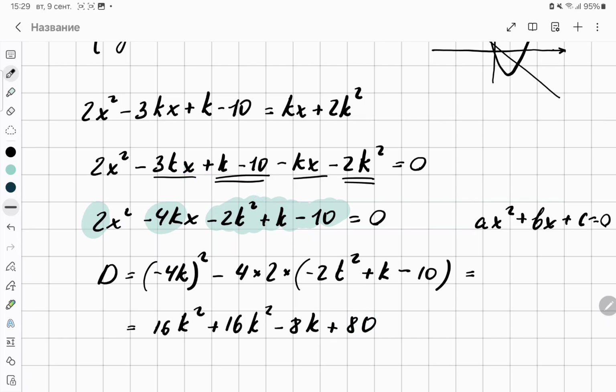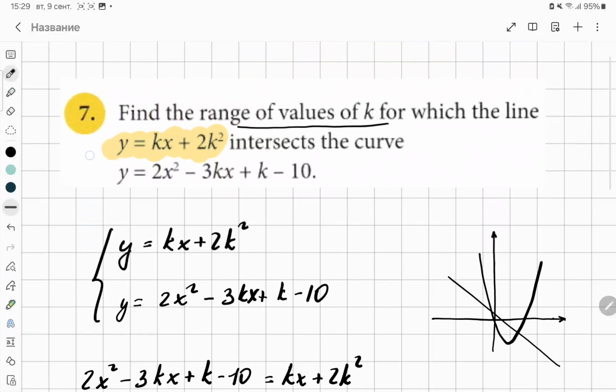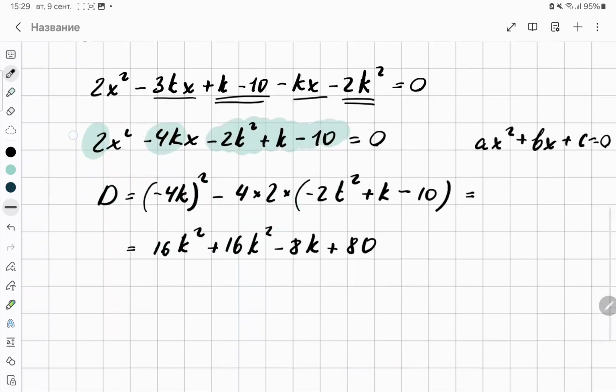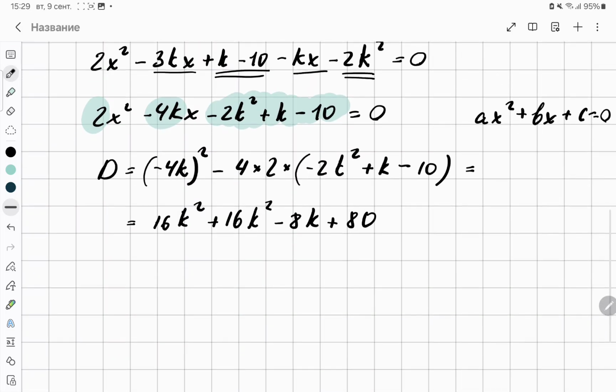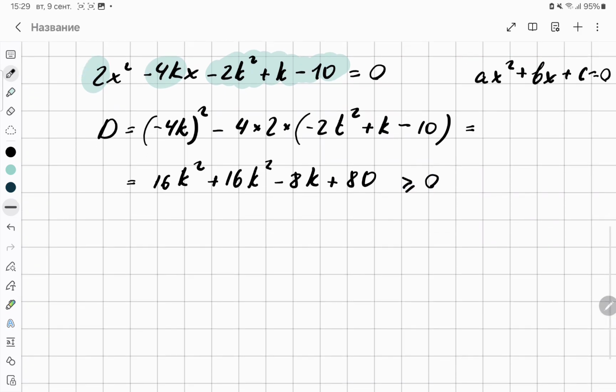The question is to find the range of values of k for which the line intersects the curve. So again we have to find the range of values where our discriminant is more than or equal to 0. So actually we have to solve this inequality.